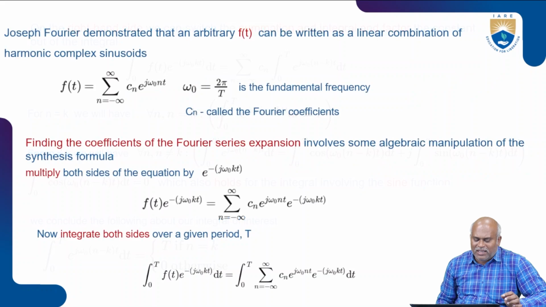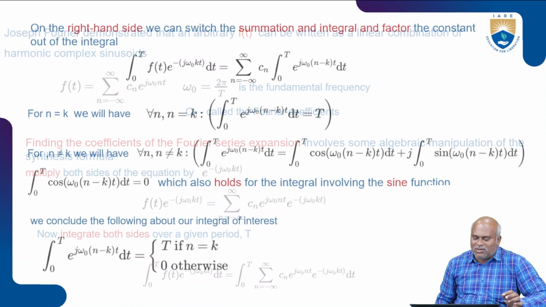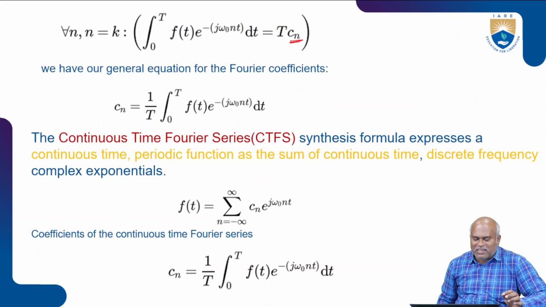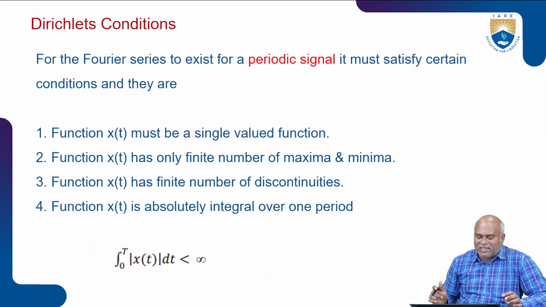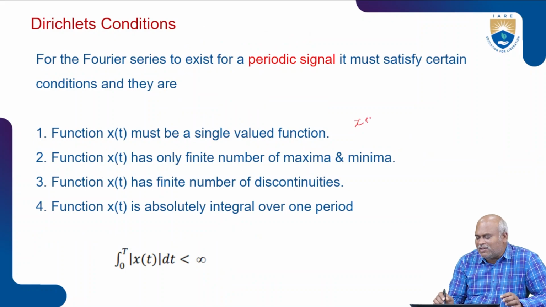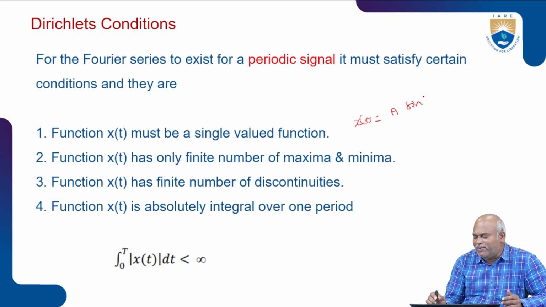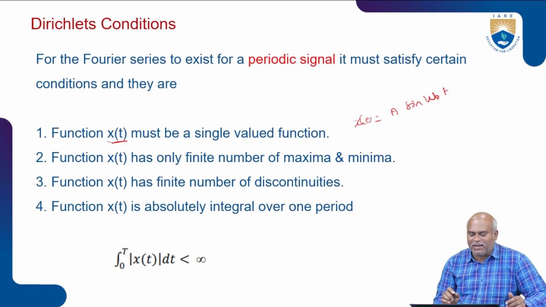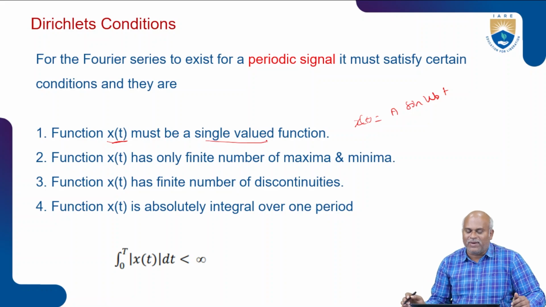Here, x of t is represented as a single value. So, if we represent x of t by a single value, then we write x of t is equal to some amplitude times sine of omega 0 t. That we represent here as a single valued function.